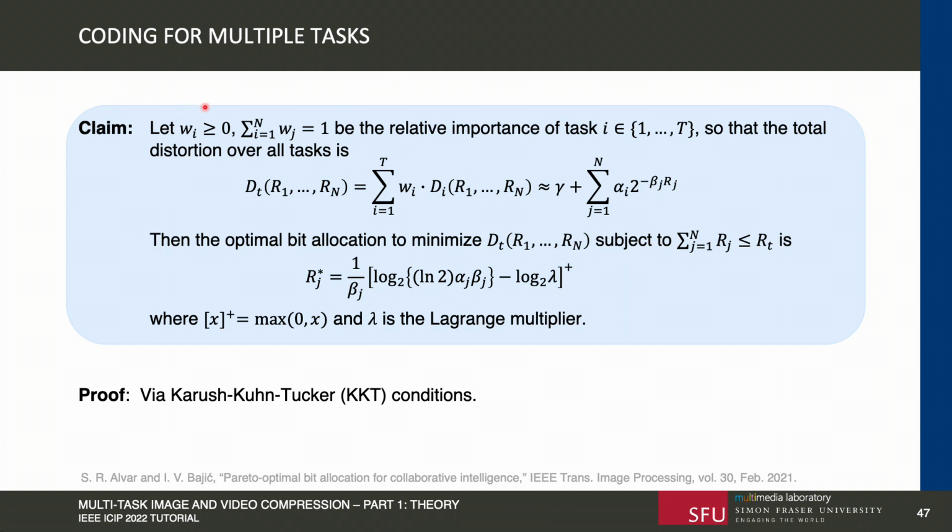If Wi represents the relative importance of task i, such that all these Wi's are non-negative and they add up to 1, and if the total distortion across tasks is the weighted distortion of each task, which is also represented using that exponentially decaying model, then the optimal bit allocation to minimize the total distortion subject to a rate constraint is given by this expression here, which is a function of these parameters of the rate distortion model and the Lagrange multiplier lambda.